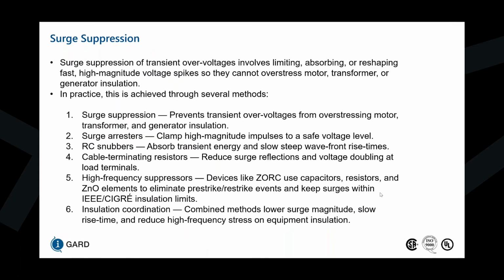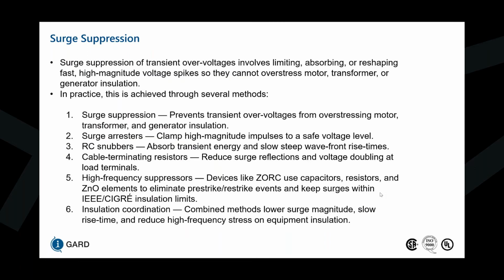Surge arresters can clamp high magnitude impulses to a safe voltage level and are typically really good for lightning strikes. We have RC snubbers, which absorb transient energy and slow steep wavefront times, and cable terminating resistors to reduce the surge reflection and voltage doubling at load terminals.